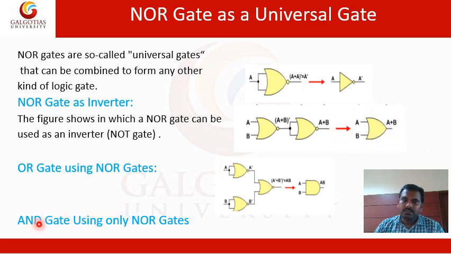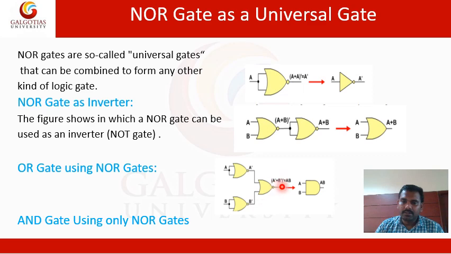And the third one is the AND gate. If you use three NOR gates, here one input goes to the first NOR gate and the second input goes to the second NOR gate, and the outputs of these two NOR gates will be the input for the third NOR gate.